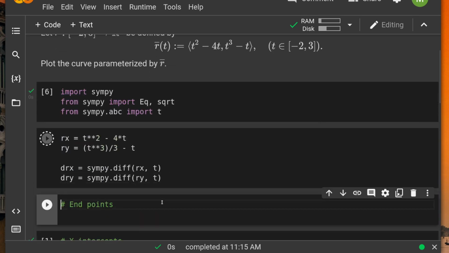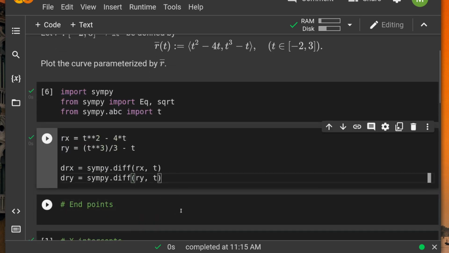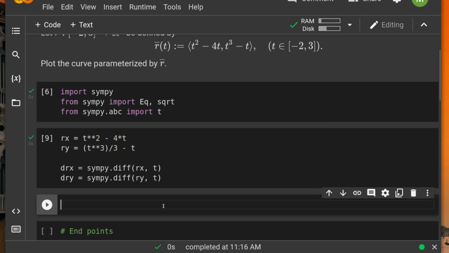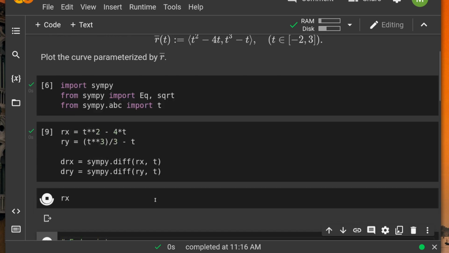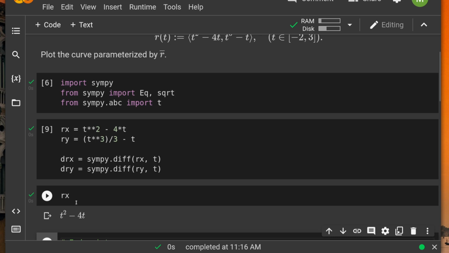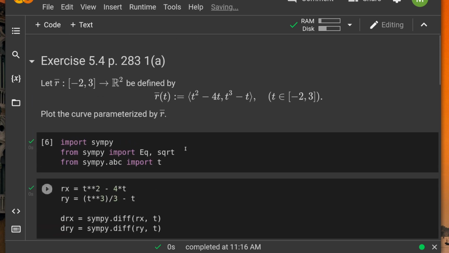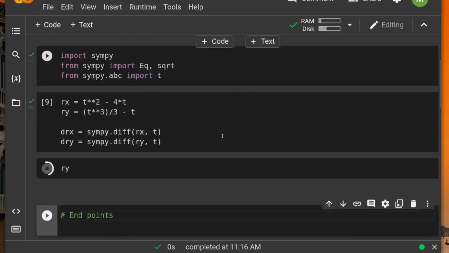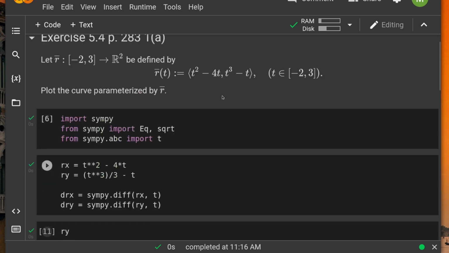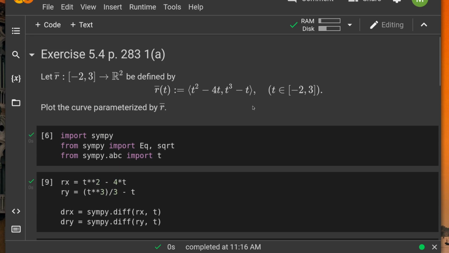So here we've got the x components and the y components of our vector function and of the derivative of our vector function. Let's just check that we've got everything right. Our x is t squared minus 4t. Yes, that's fine. Our y should be t cubed over 3 minus t. Something is wrong here.